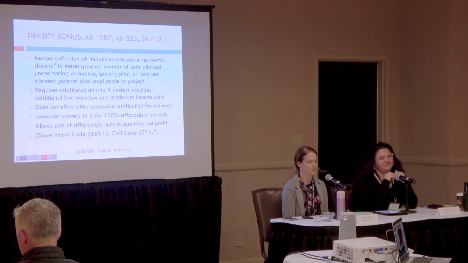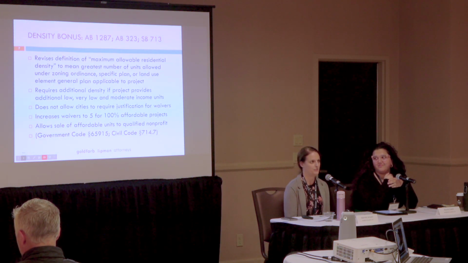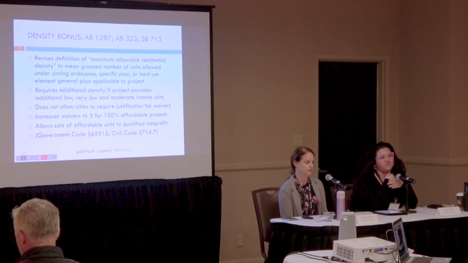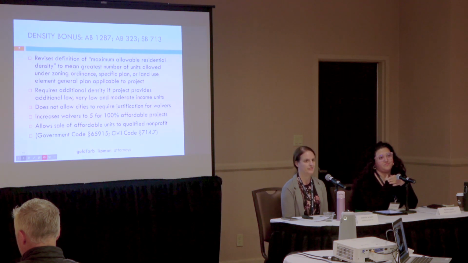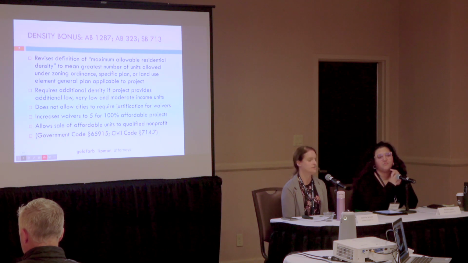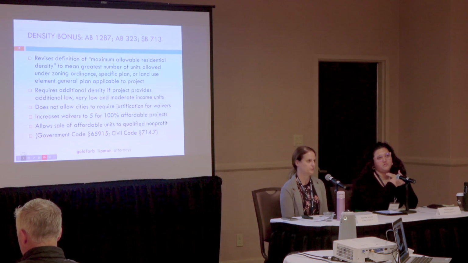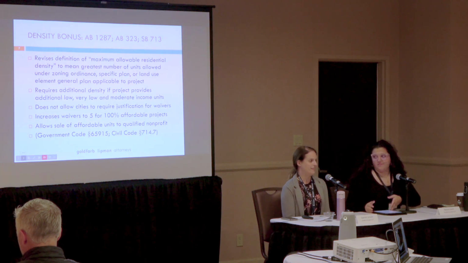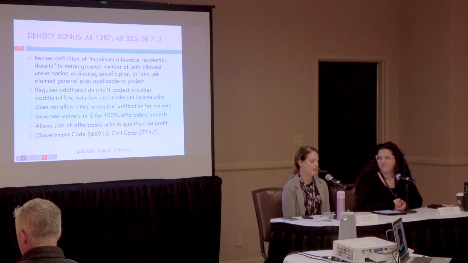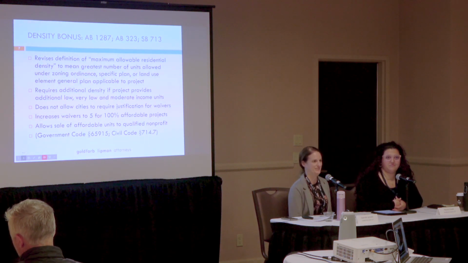You're waiving development standards, you're deviating from what's required. It's just whether it's based on economics, the financial feasibility of the project, versus the physical feasibility of the project. And so we're talking about setbacks, open space requirements, building height requirements, those sorts of things. You cannot get a waiver or an incentive from a state building code standard.